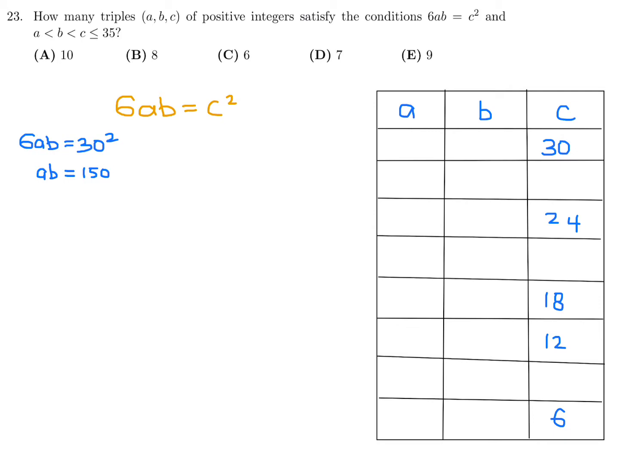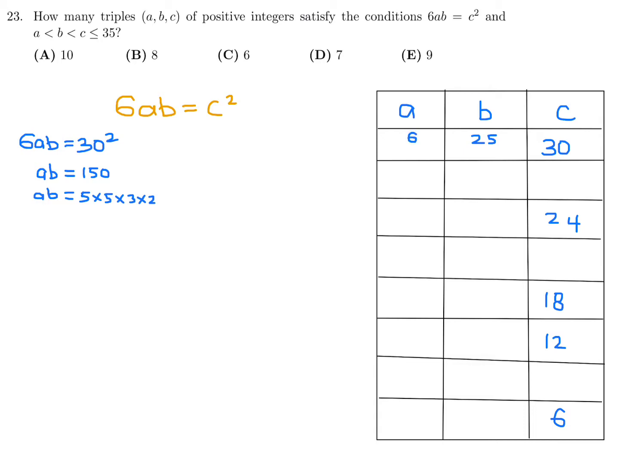So now I've got to figure out what is A and B with the condition that A has to be less than B. It makes it a little bit easier if I break it up into prime factors. 5 times 5 times 3 times 2. It helps me out a little bit. And from that, I will be able to get 25 and 6.